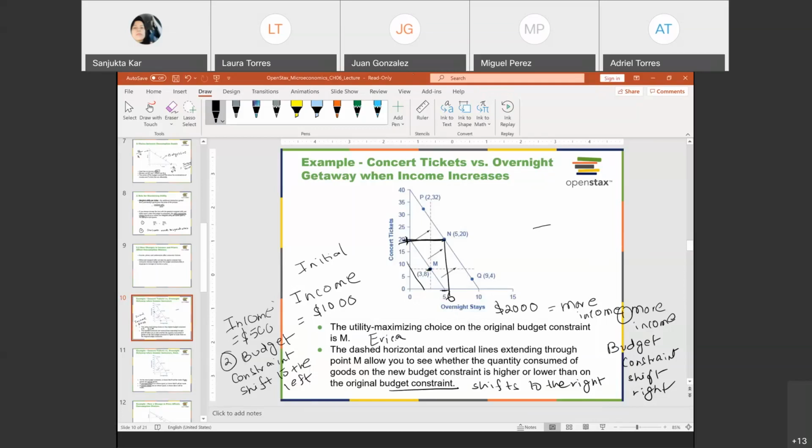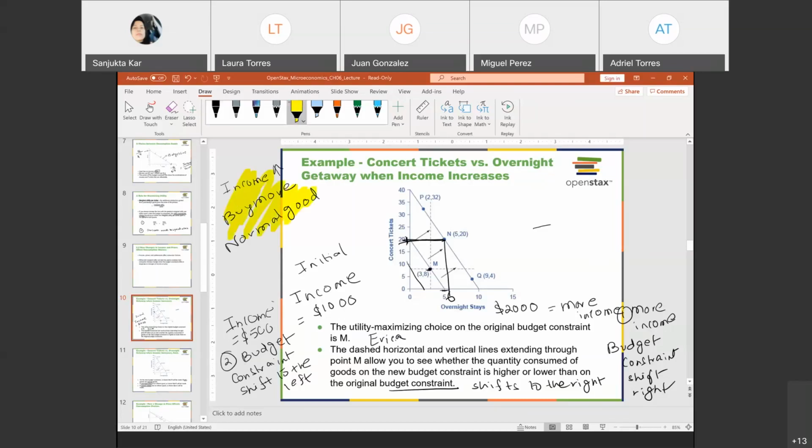So here comes another concept. If your income is up and you buy more of the good, that was in the chapter on demand and supply, the good is a normal good.